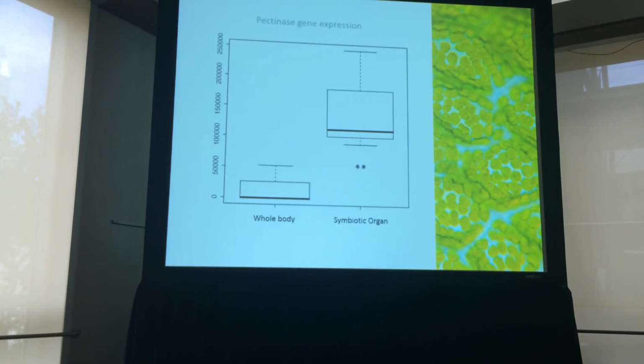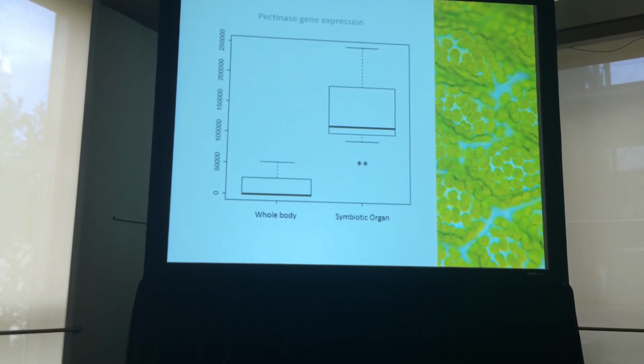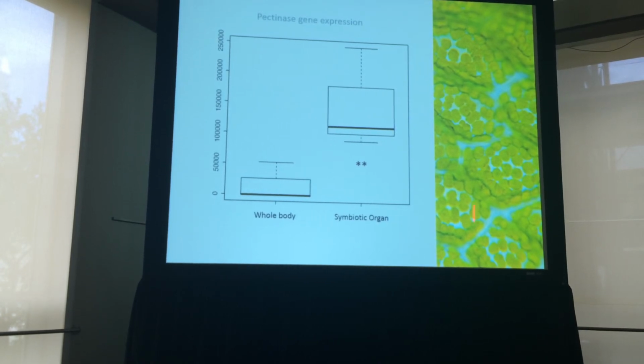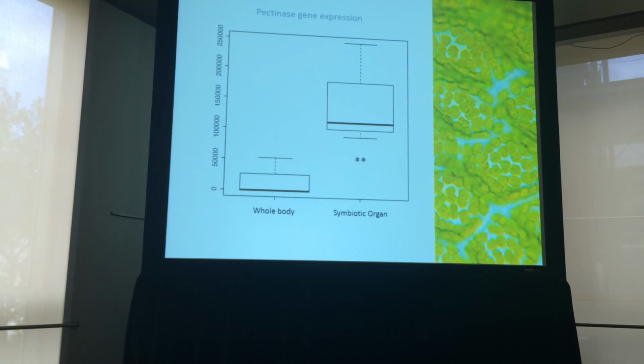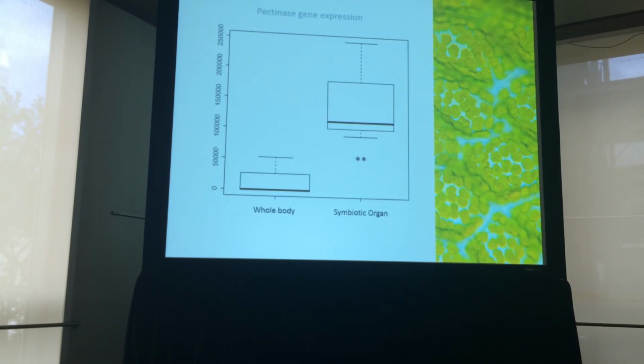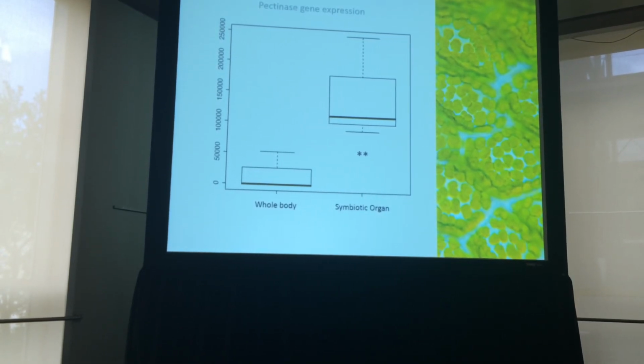And we didn't just target this one pectinase that we found in our genome, we looked at all pectinase expression patterns. Nonetheless, we still find a huge upregulation of pectinase in the symbiotic organ, and all of it matches to our symbiont. There's a small expression of pectinase within the whole body, but we could map them to other gut bacteria that are present within the beetle.